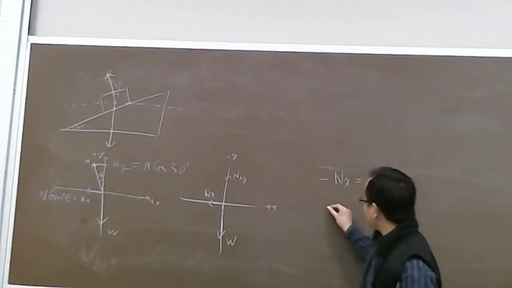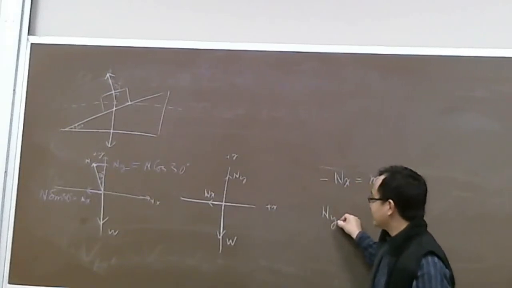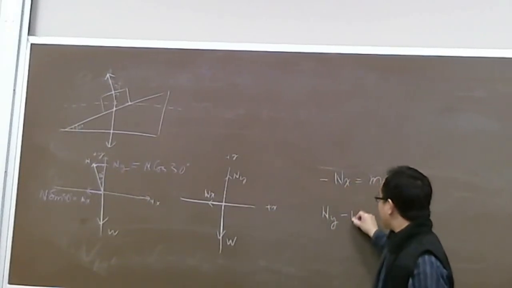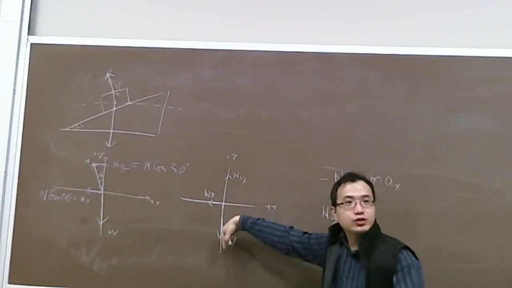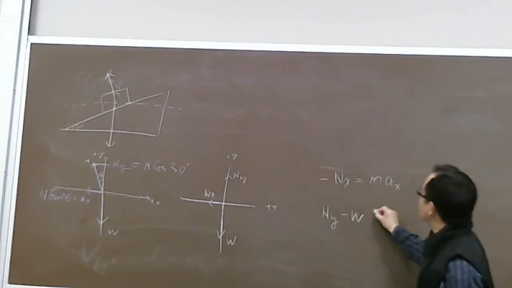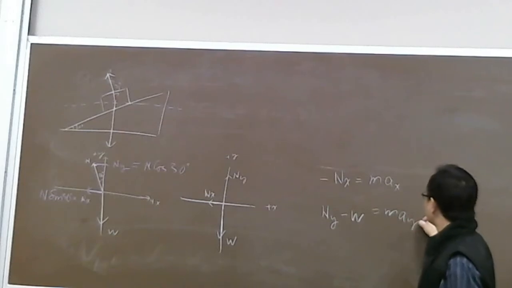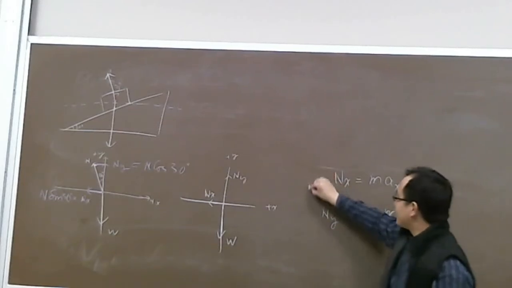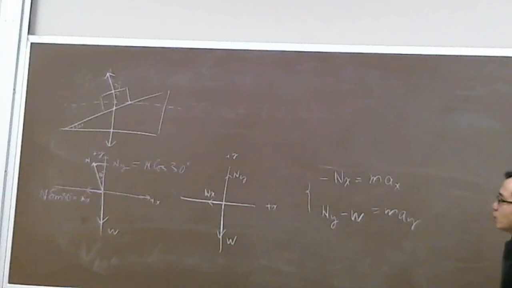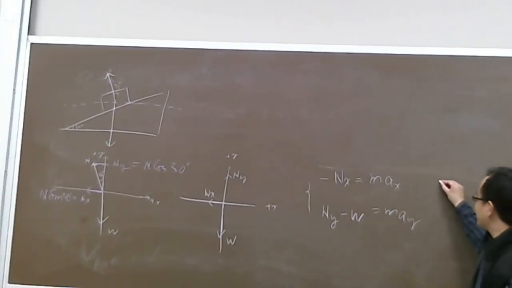And along the y direction, you have Ny minus W. It's along the negative direction. It equals may. Now we can simplify it. We know Nx equals N multiplied by sine theta.